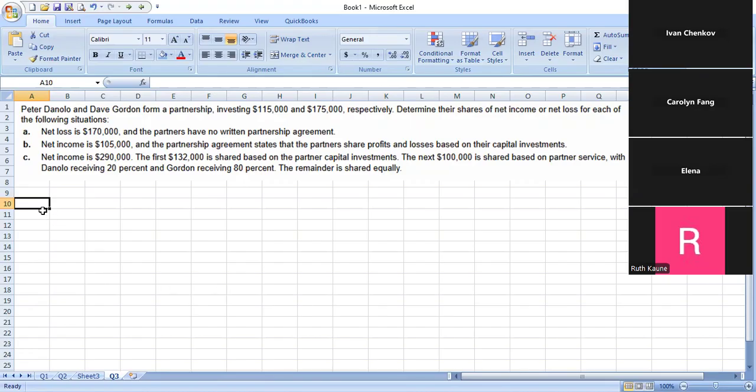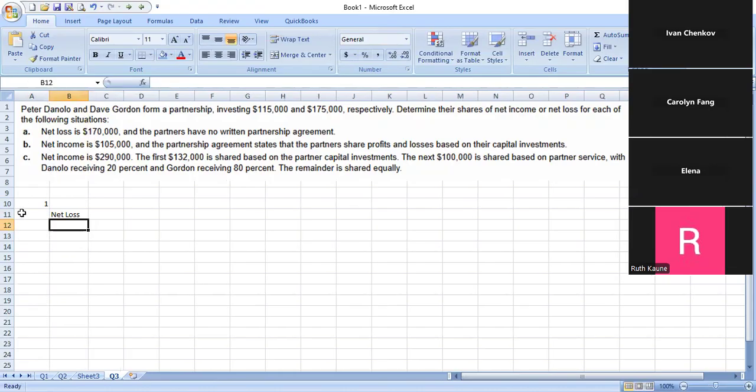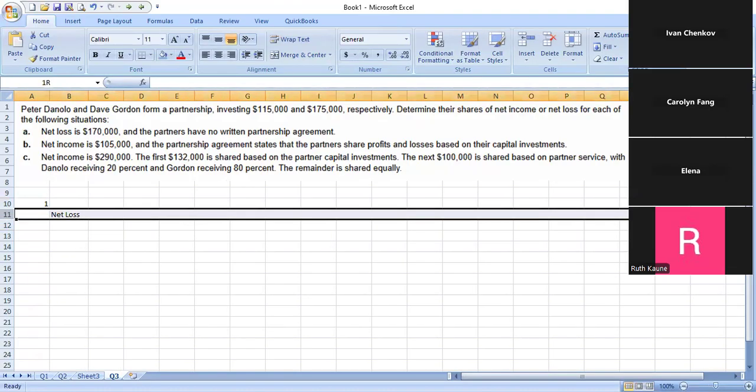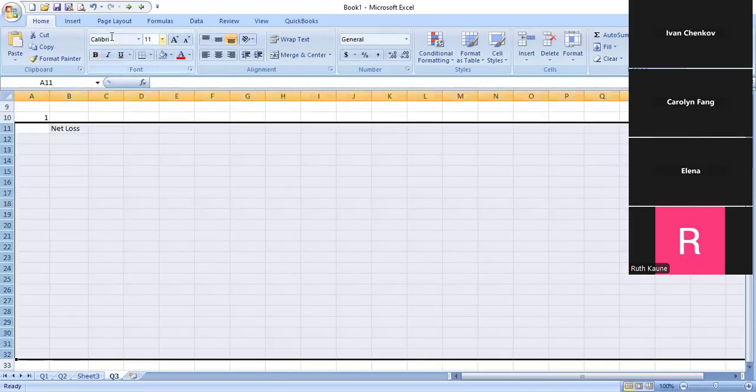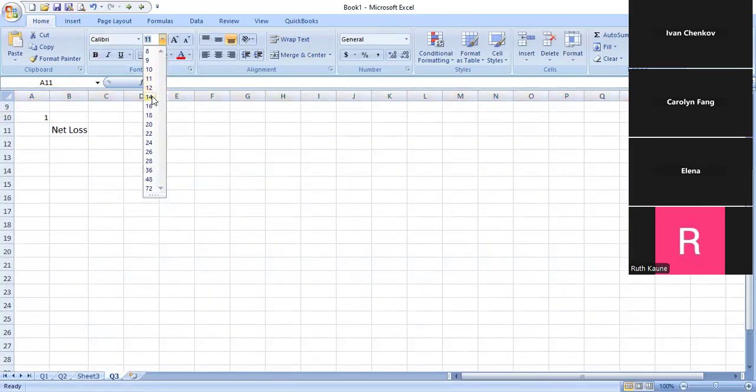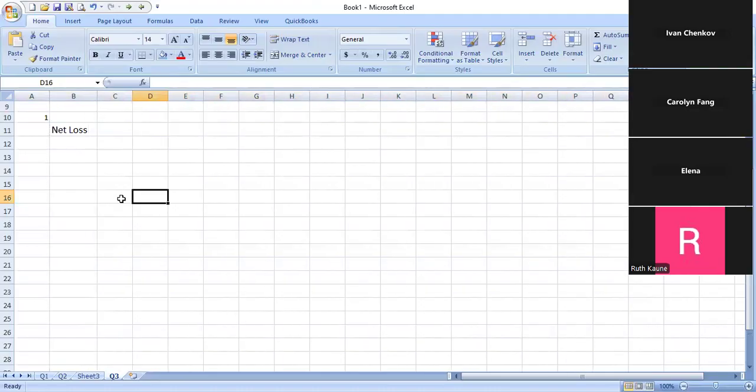So let's go first things first. In the first scenario, what do we have to allocate? In scenario 1, we have to allocate net loss, correct? Correct. So let's try to prepare some kind of schedule here very quickly. I'm going to increase the format a little bit. Net loss.